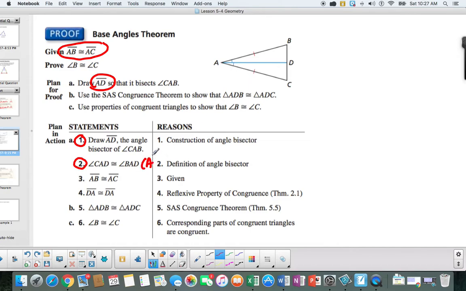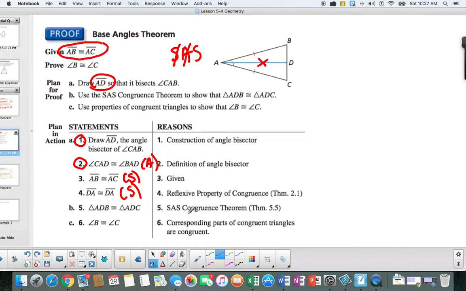So I'm going to put the A here. And remember, you've already been given an S. So we have an S pair, an A pair. Remember, the only shortcut we have right now is side angle side, and we have a side pair and an angle pair. And the other side pair is right here, this reflexive. So the triangles are congruent by side angle side.